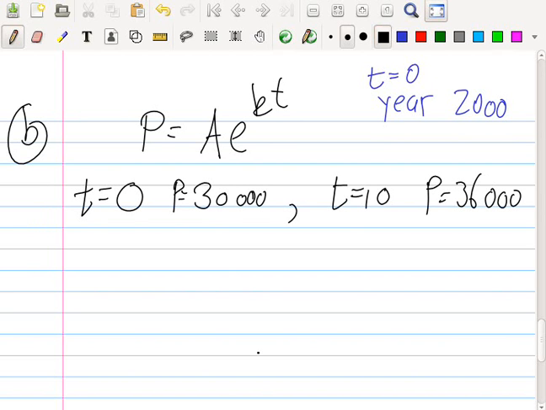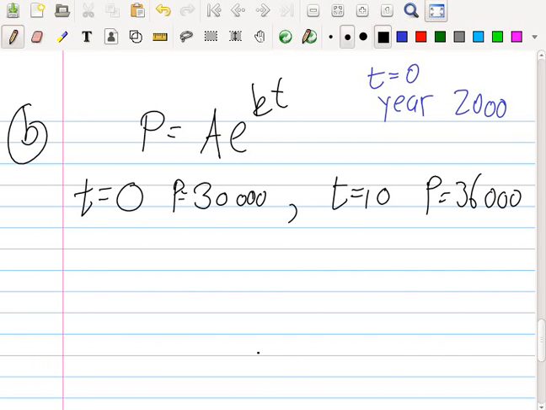Because they say it in the question there, if you read carefully, where t is the time in years from the year 2000, meaning that if t equals 1, it's 1 year from the year 2000, okay? So you were supposed to do this, although I don't know if I would take any marks off if you did it the other way, maybe not. But this is the easiest way to do it.